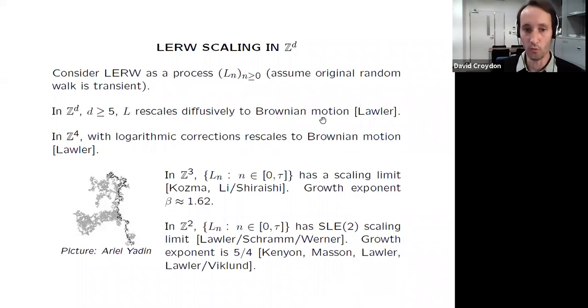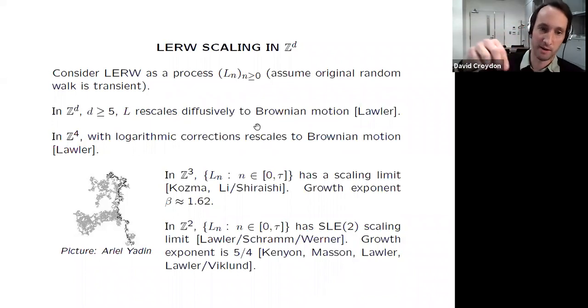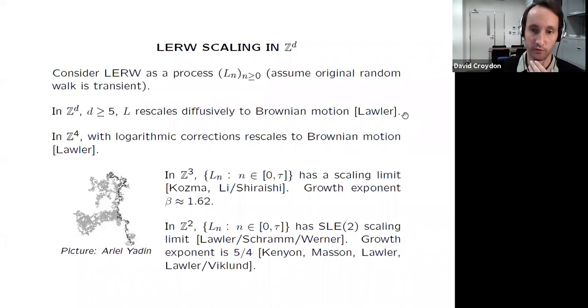So when I say rescales diffusively, I mean to exit a box of size n, it's going to take about n squared steps. The same is also true in 4 dimensions, just with some logarithmic corrections to those scaling factors. And so these were results of Greg Lawler, who introduced the process, as I mentioned.